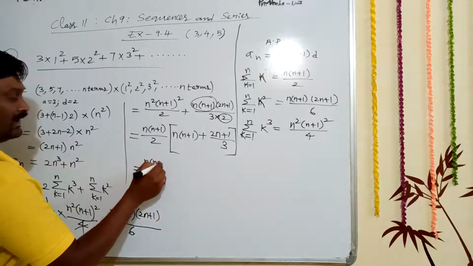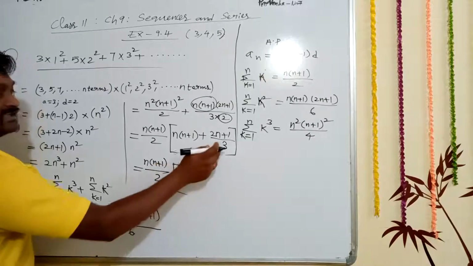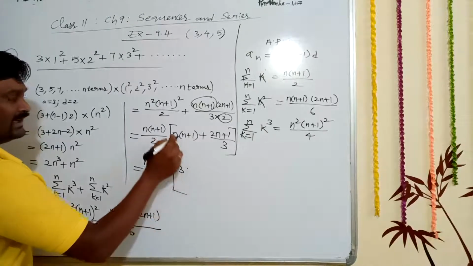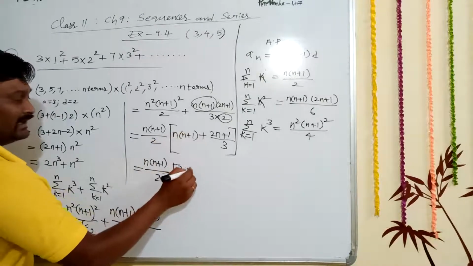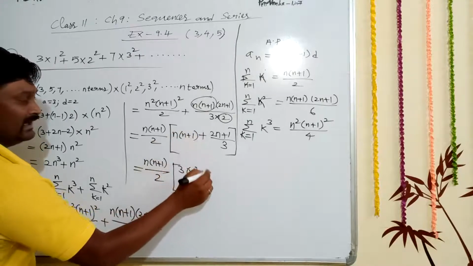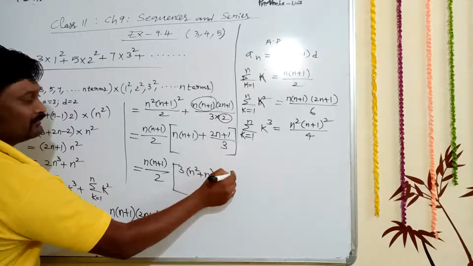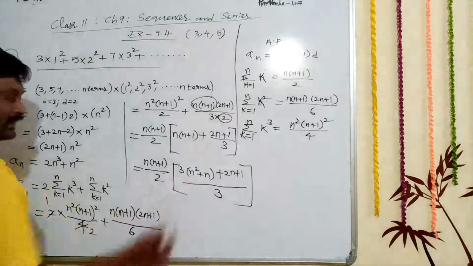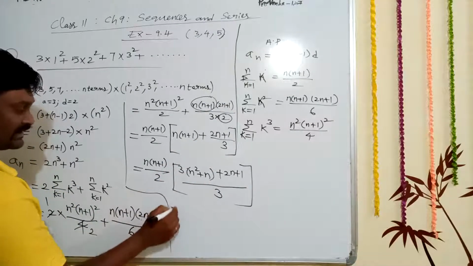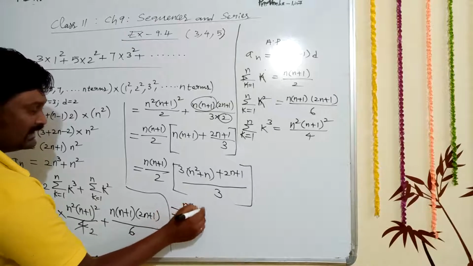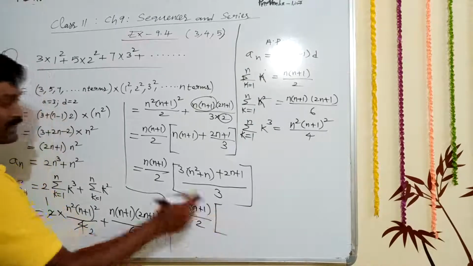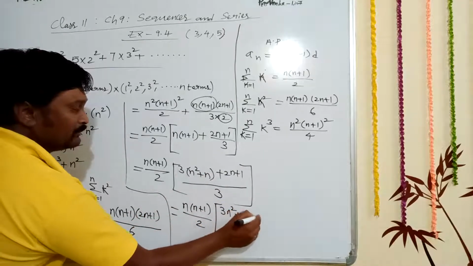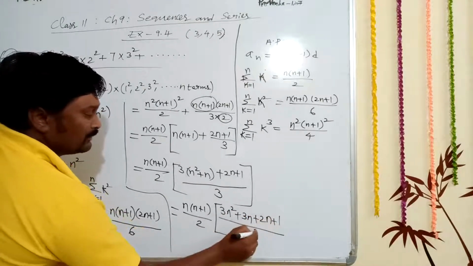So n into n plus 1 upon 2. When you take the LCM, 3 into n into n plus 1, simplified: n into n square plus n, plus 2n plus 1 upon 3. So we took the LCM, now let us check what we are going to get. That is equal to n into n plus 1 upon 2, then 3 into n square, 3n square, plus 3 into n, 3n, plus 2n plus 1 upon 3.